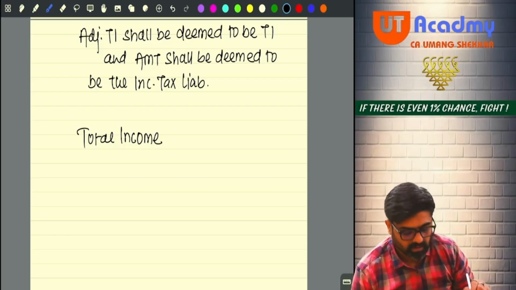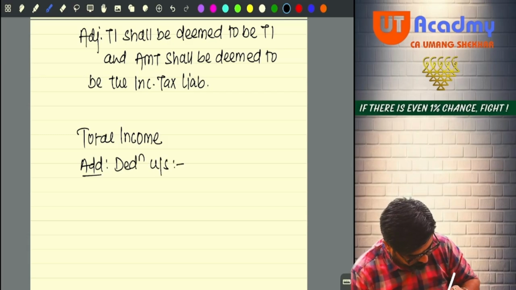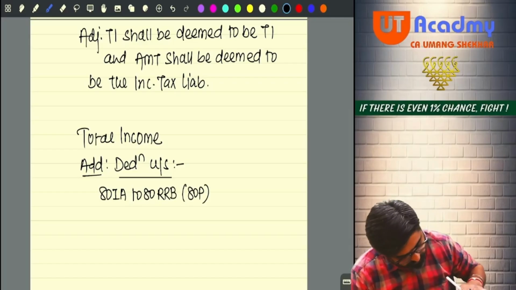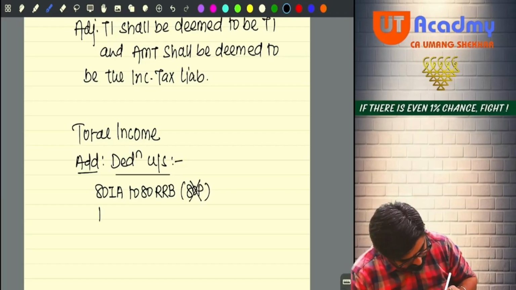In this, add the deduction which you have claimed under section 80IA to 80RRB except 80P, then 10AA and then 35AD.